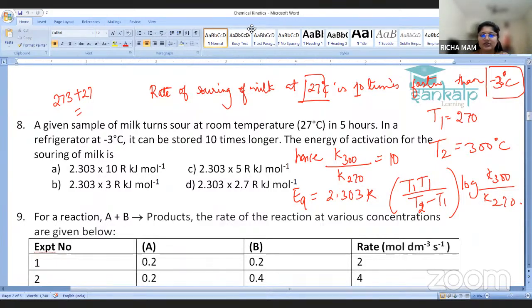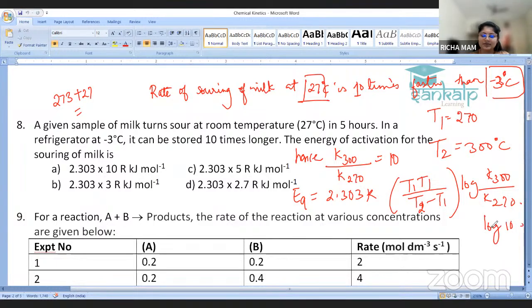Yes, what is the answer? Sri Varuni has answered it as D. Others? So after solving, you have to put T1 as 270, T2 300. Then log of K at 300 by 270, it will be how much? You are going to get log of 10.